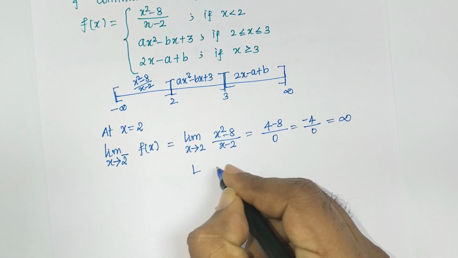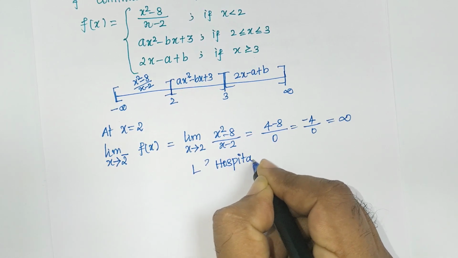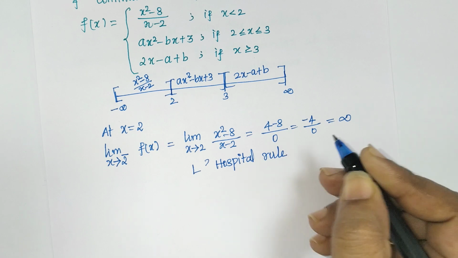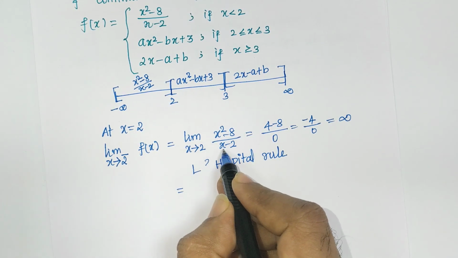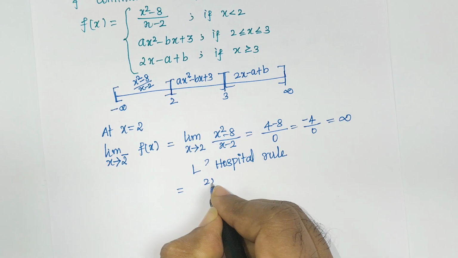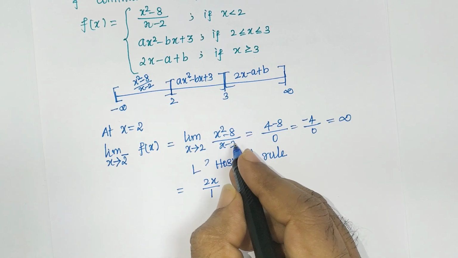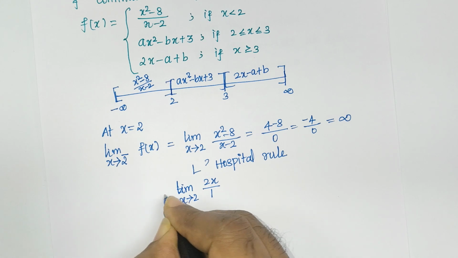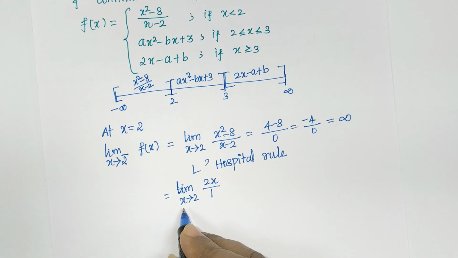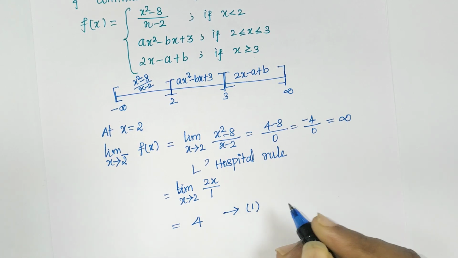So by L'Hopital rule, here we can differentiate both numerator and denominator. X square differentiation is 2x, constant 8 differentiation 0, x differentiation 1, constant differentiation 0. We will write limit x tends to 2. Okay. Now I am going to substitute x equal to 2. I will get 2 into 2, 4. So this is equation 1.